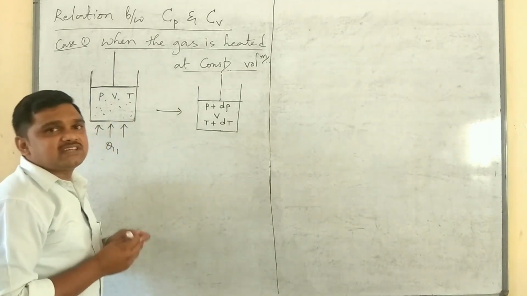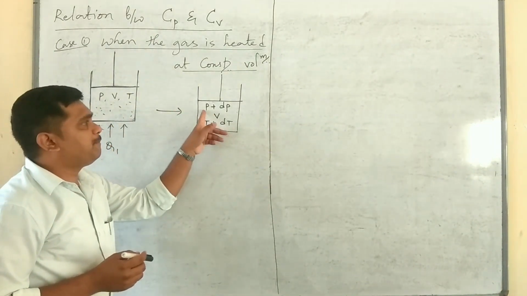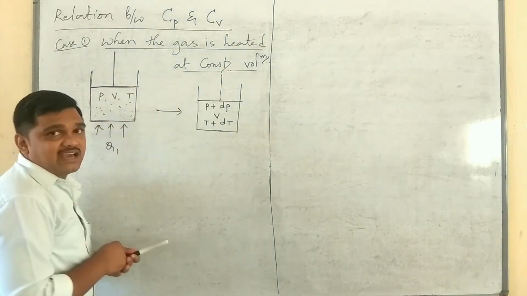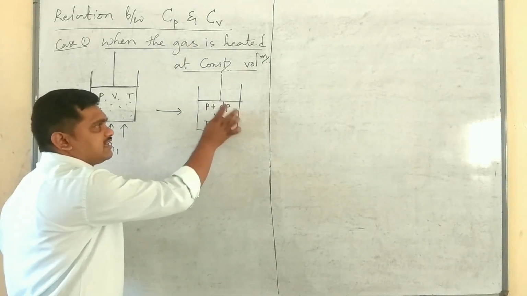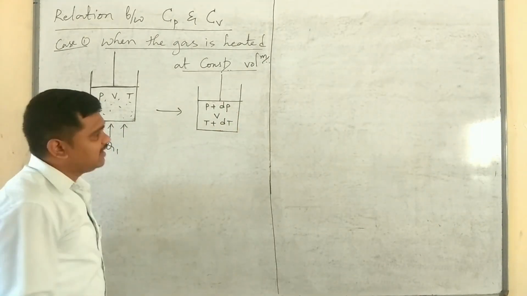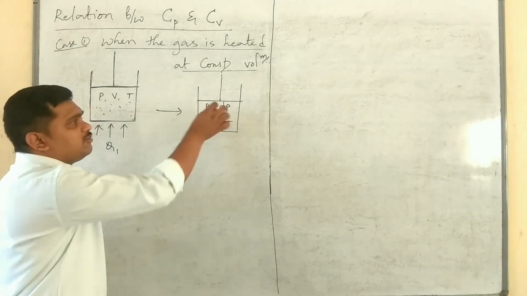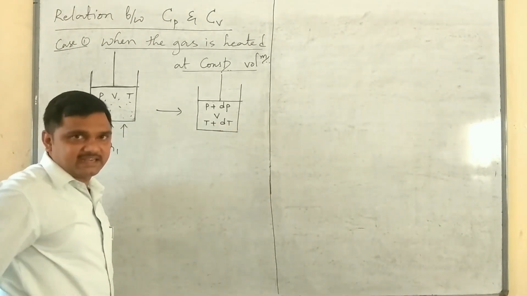Why is it so? According to Charles' law, at constant volume, P is directly proportional to temperature. On heating the gas, its temperature will rise. As temperature increases, pressure also increases. Therefore pressure turns to be P plus dP, volume remains constant, and temperature changes to T plus dT.